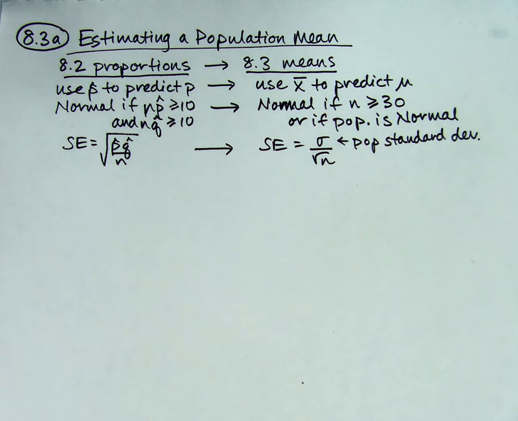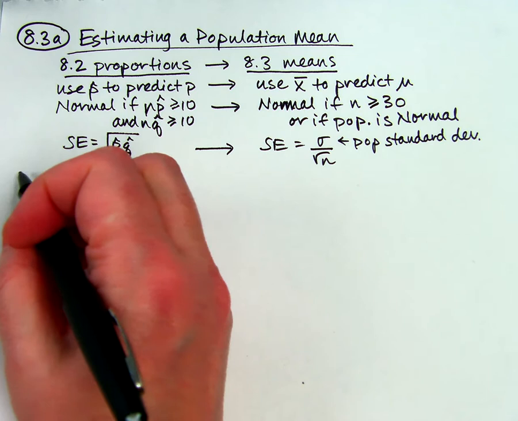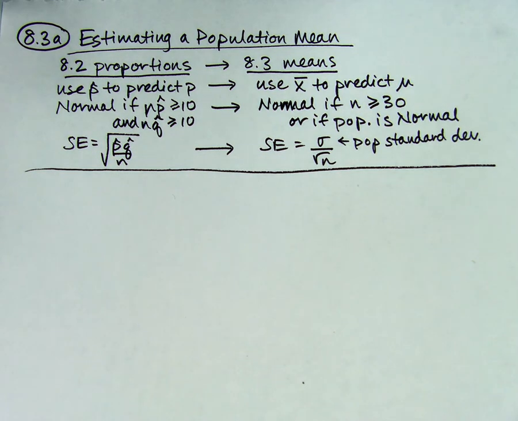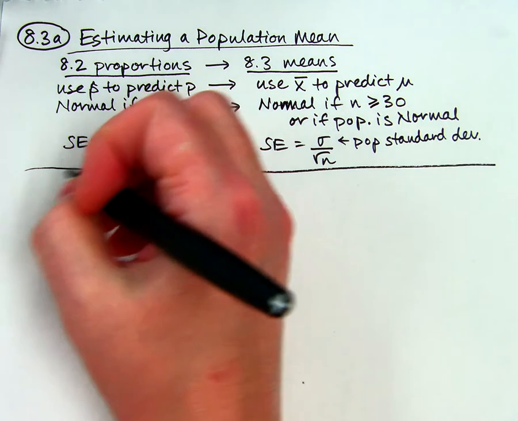So what's interesting about that is that the population standard deviation will not always be given to you. So we're going to talk in a minute about what to do with that. The most common reason you will be given this population standard deviation is for this first type of problem I want to talk about first. So we're going to do this first, and then I'll talk about what if you don't know that sigma value.